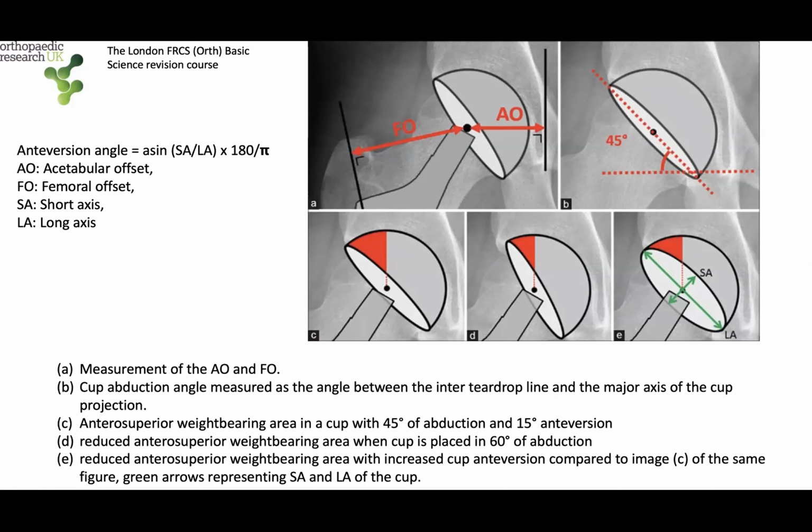And so there's a lot of work going on now to try and individualize how patients are treated, in order to recreate the natural femoral and acetabular offset and inclination. So that is why you can sometimes see patients who have what looks to be a very normal, very well-placed acetabular component and femoral component who still maybe get dislocation.